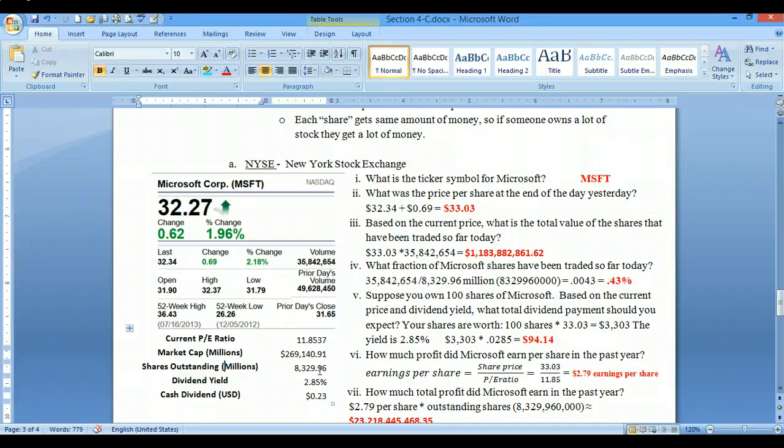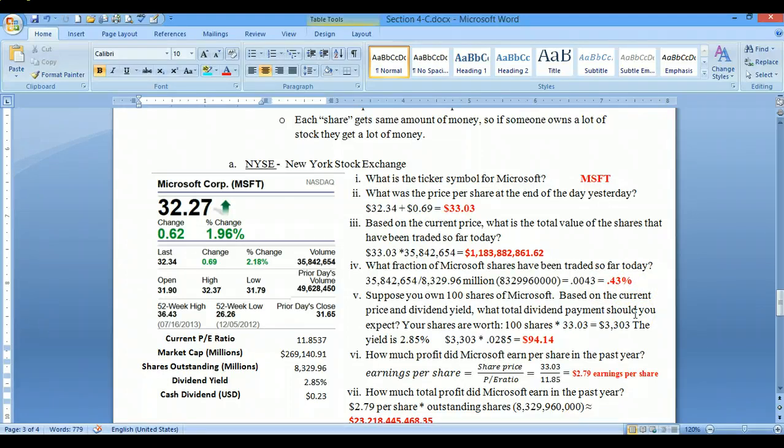Millions is 6 place values. So move that over. And here we have it 6 decimal places, 1, 2, and then I need 4 zeros to make it up to 6. There we go. Dividing that gives me 0.0043 or 0.43%.